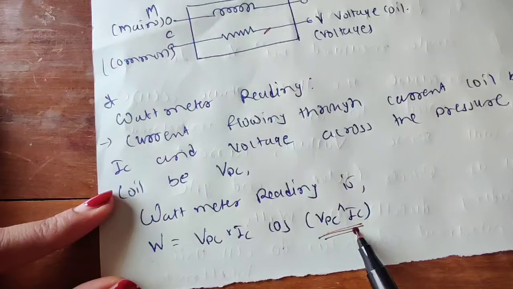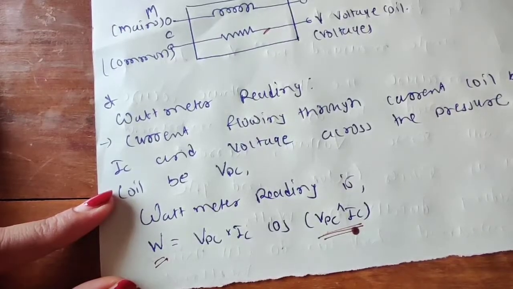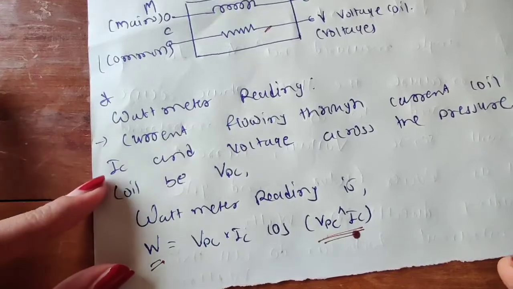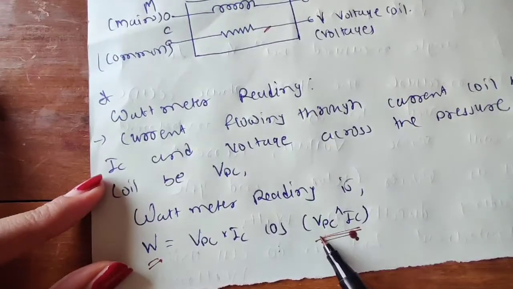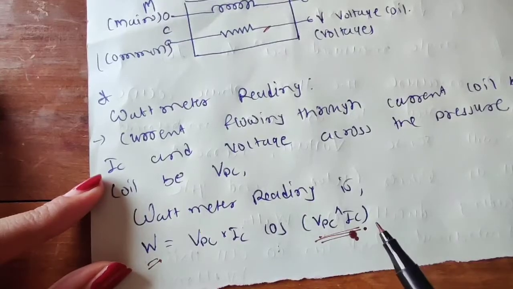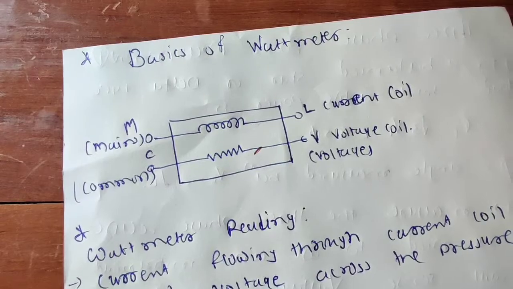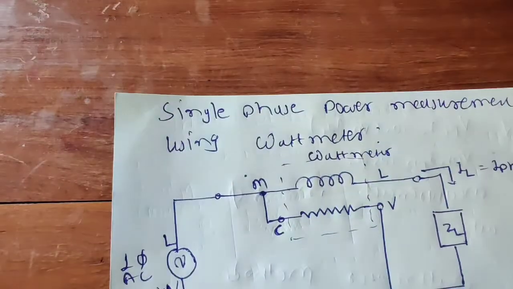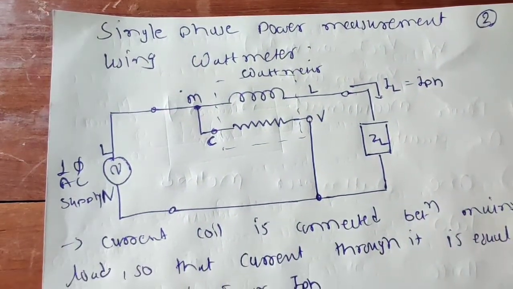IC is the current through the current coil, VPC is the voltage across the pressure coil, and W is the wattmeter reading. The wattmeter reading is proportional to the cosine of the angle between VPC and IC. This is the basic principle of the instrument we need to use, the wattmeter. Now, how to do single-phase power measurement using a wattmeter.